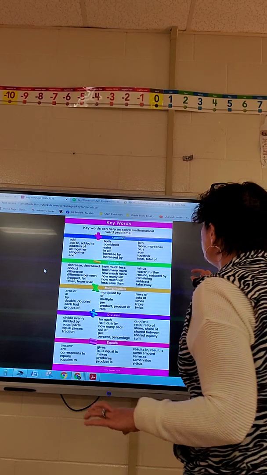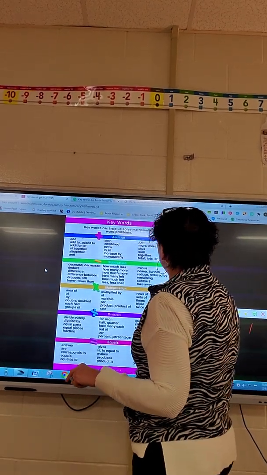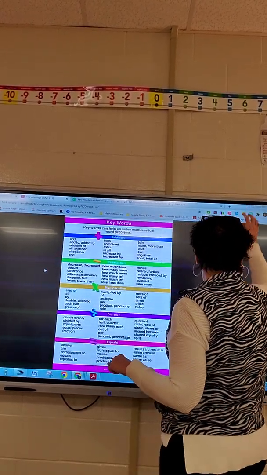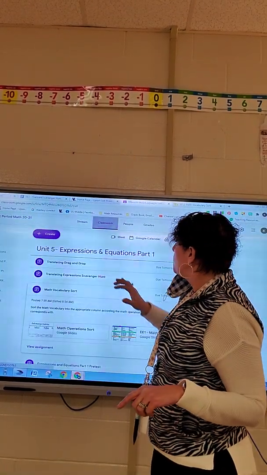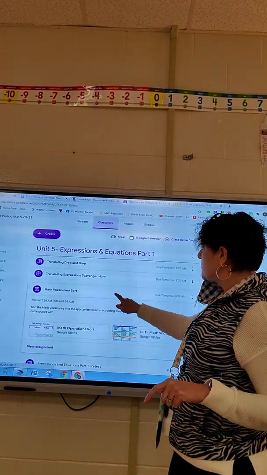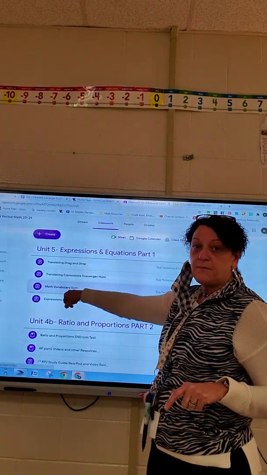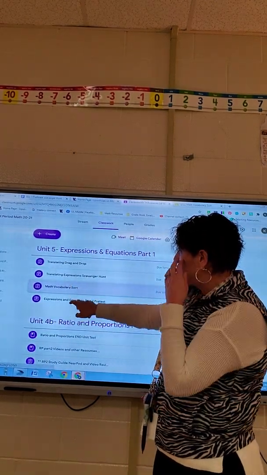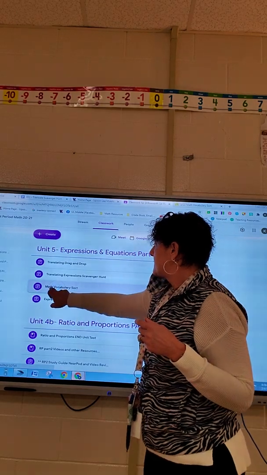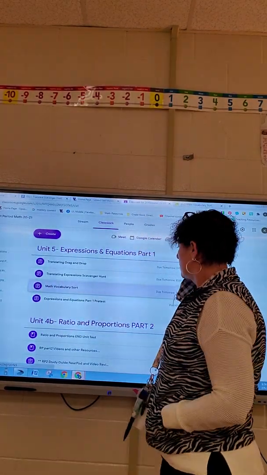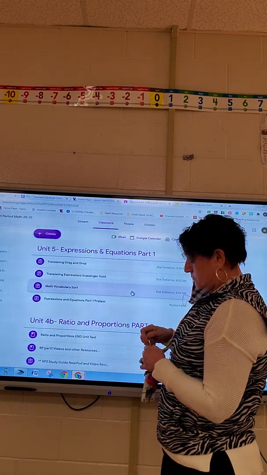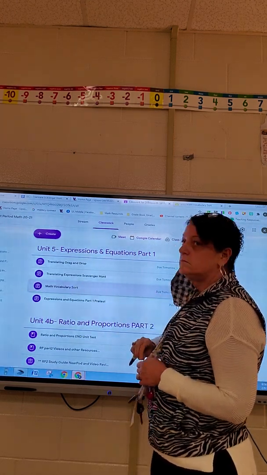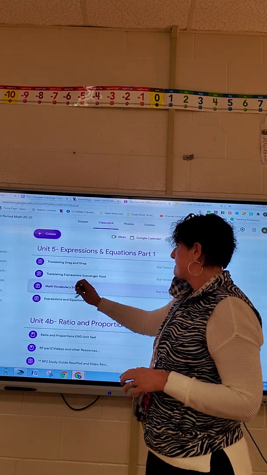Okay, guys, I've added you a few resources in your classroom. So look right here. Go to your classroom, go to classwork. Under classwork, the math vocabulary sort, click that. Oh, it's not opening.